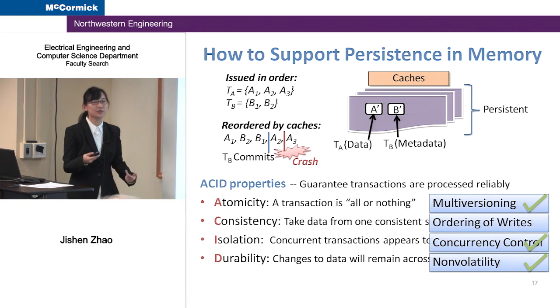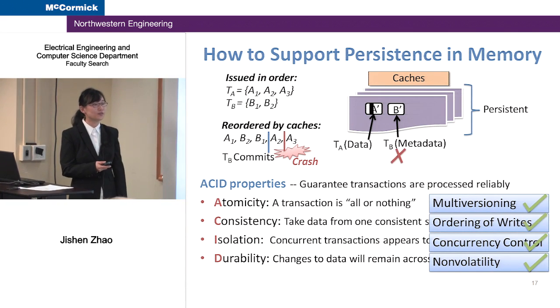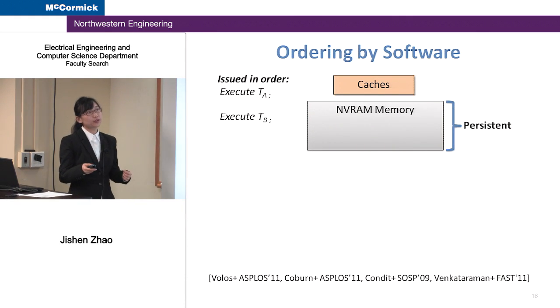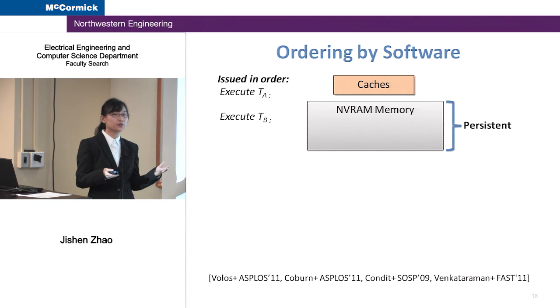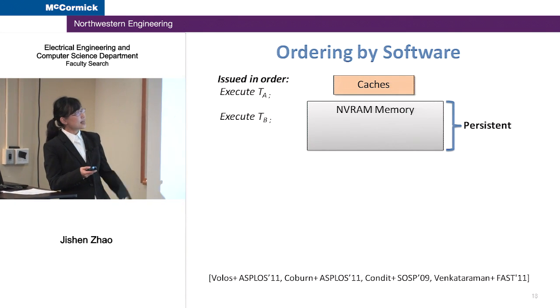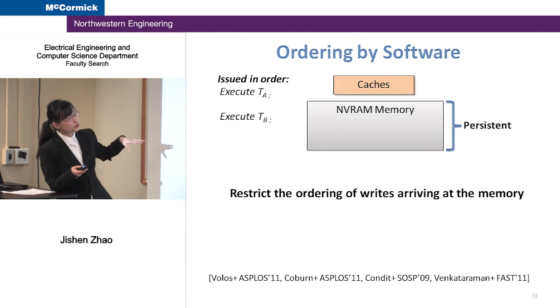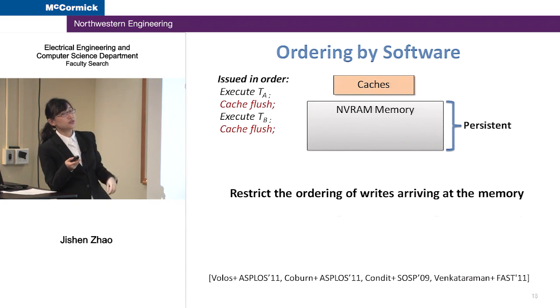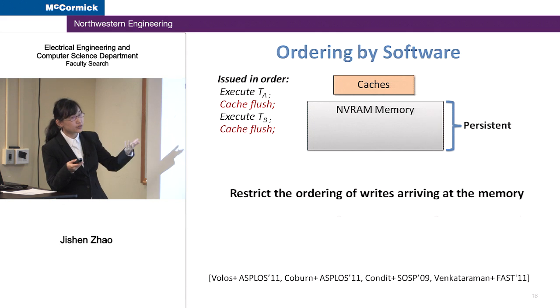So we need to perform ordering control. And previous work, how they perform ordering control, again, is something sort of like the database and file system. They restrict the ordering of writes arriving in memory by inserting cache flush instructions between transactions. So transaction 1, then cache flush, transaction 2, cache flush again.